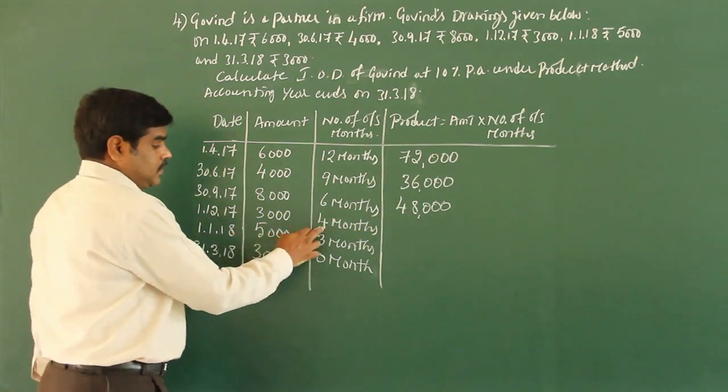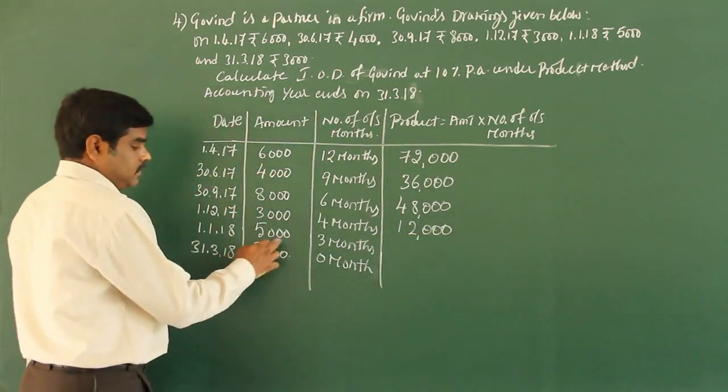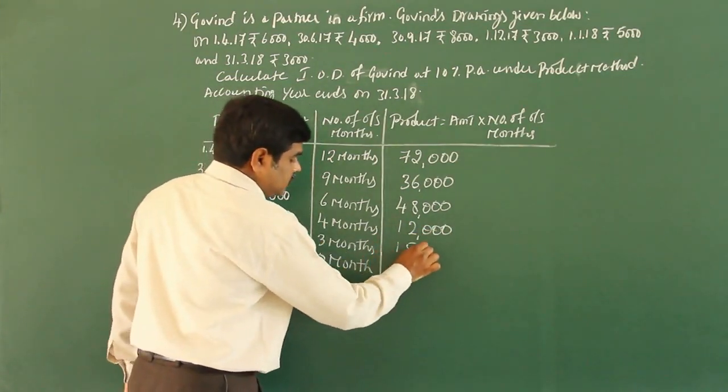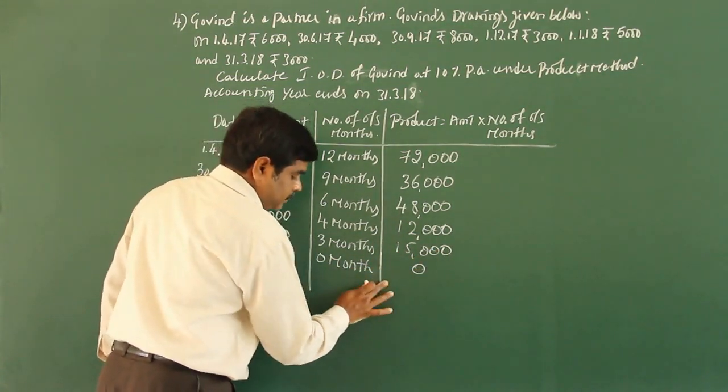Next, 3,000 into 4, 12,000. 5,000 into 3, 15,000. And 3,000 into 0, 0.